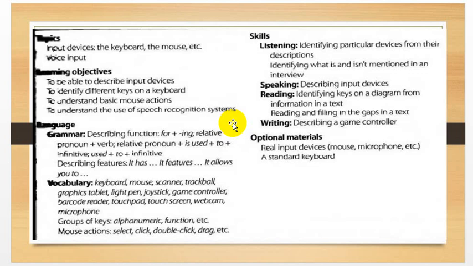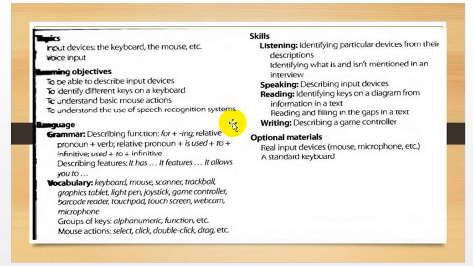Vocabulary: in this unit, we will discuss these vocabularies: keyboard, mouse, scanners, trackball, graphics tablet, light pen, joystick, game controller, barcode reader, touchpad, touch screen, webcam, microphone, group of keys, alphanumeric, function, etc. Mouse actions like select, click, double click, drag, etc.